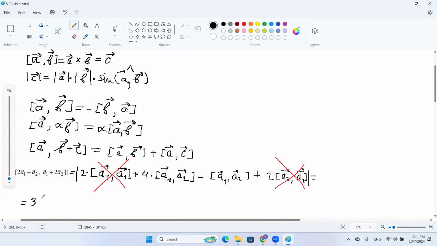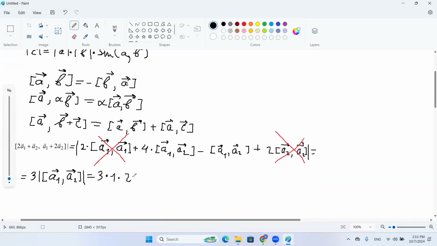So 3 multiplying by the module of the product of vectors a1 a2, and the angle will be 2p over 3. So it equals 3 by 1 by 2 by sine of 2p divided by 3. Let me remember the sine because I don't remember this table.